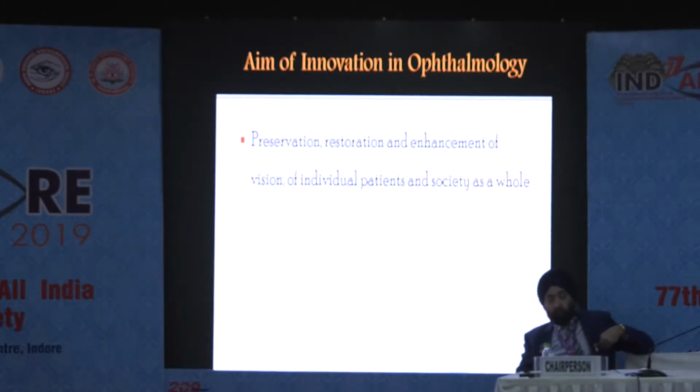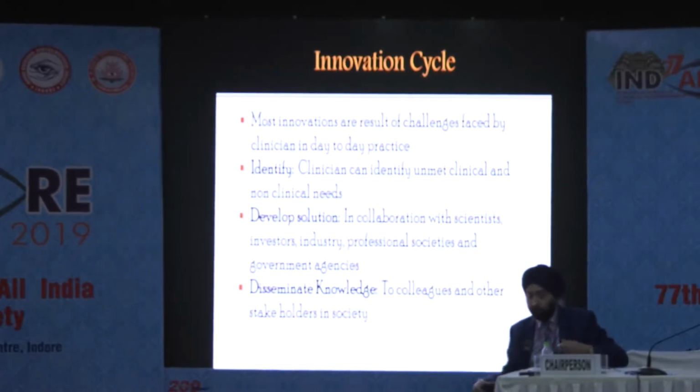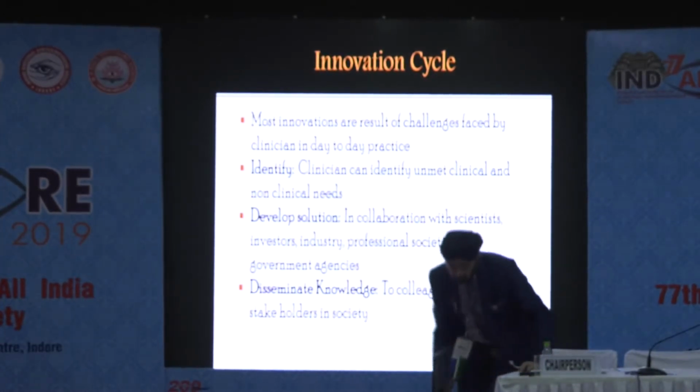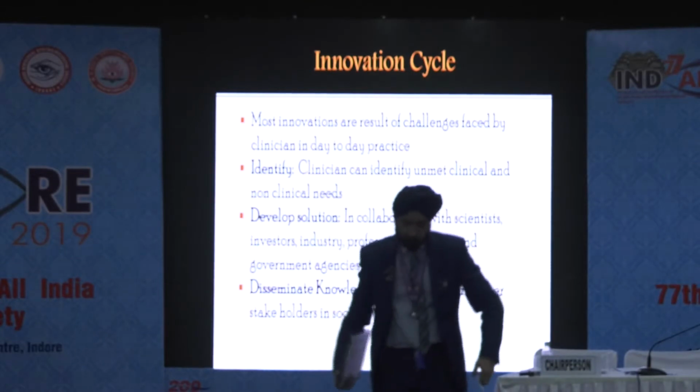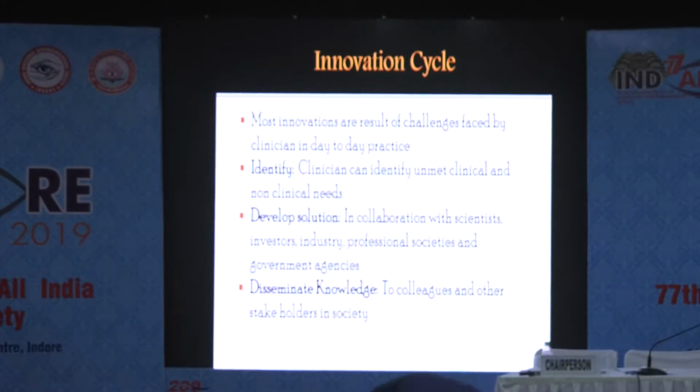The aims of innovation in ophthalmology are preservation, restoration and enhancement of vision of individual patients and society as a whole. The innovation cycle goes through 3 stages. First, you identify a problem. A clinician is fit to do this, as he can identify unmet clinical and non-clinical needs. Then he develops a solution.